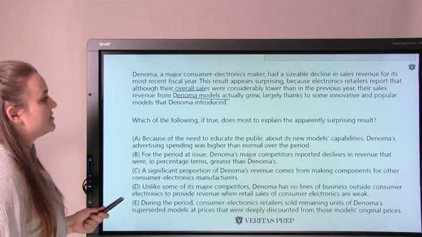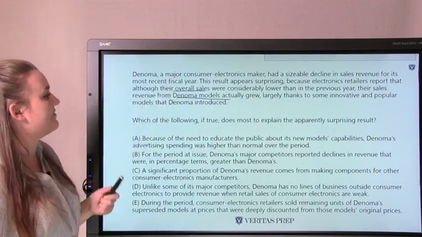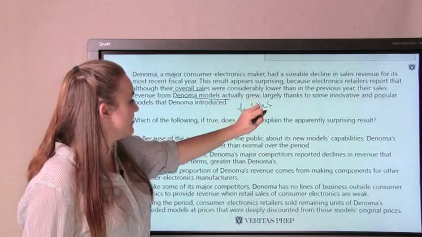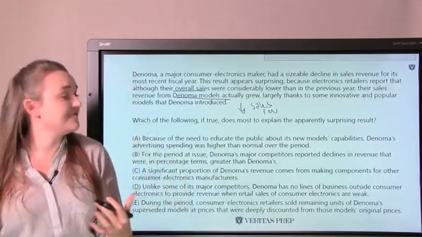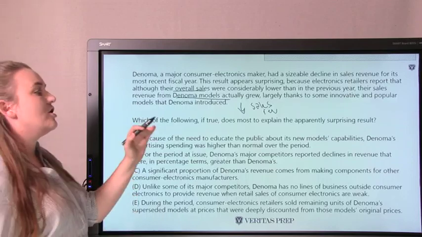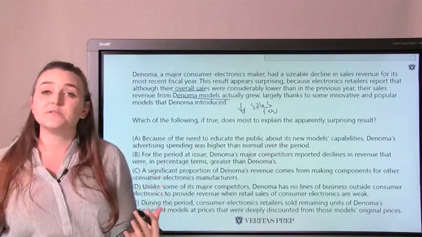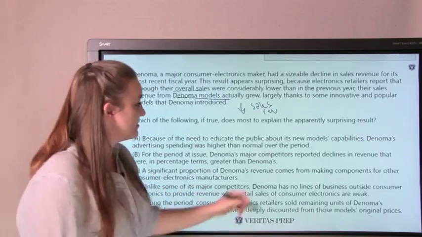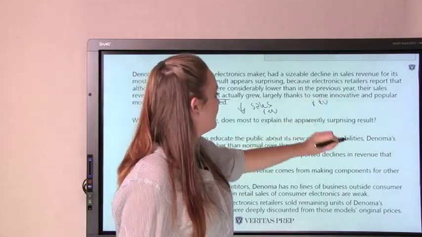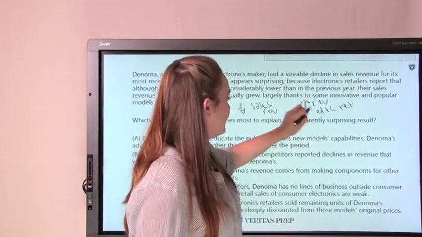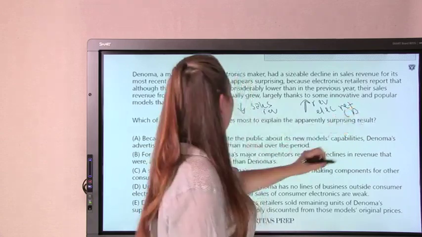So if we're looking at this, we have a decline in sales revenue. So Genoma has an overall decline in sales revenue, despite the fact that electronics retailers report that their revenue from this specific brand has increased. So revenue of the electronic retailers has increased, specifically for this brand.